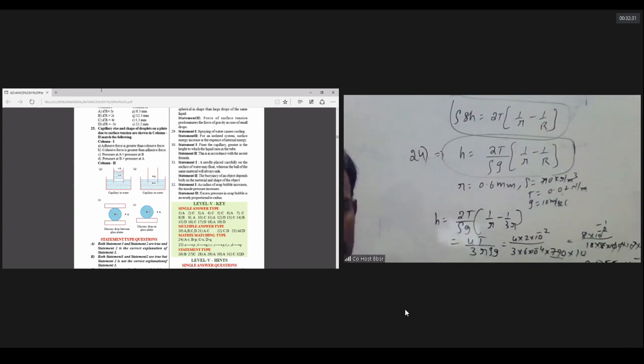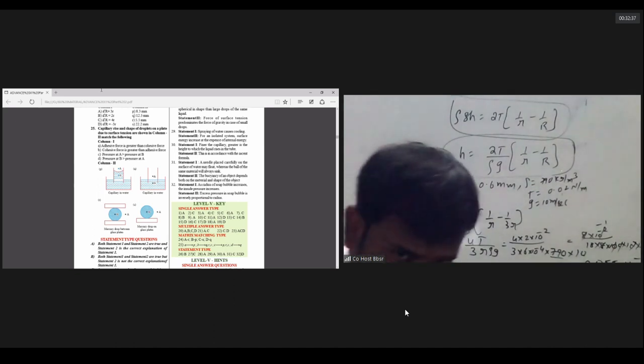Adhesive, cohesive nature. Adhesive forces are between two different molecules or same molecule?